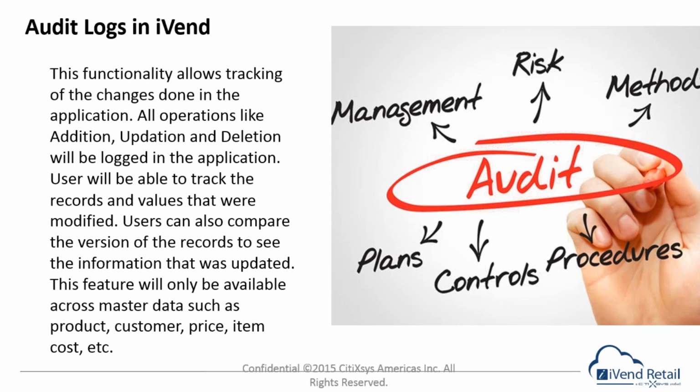Audit logs are for all types of operations, like if you are adding, updating, or deleting something from the system, it will trigger that. It will be very useful for the retailers who are making changes on a daily basis in terms of prices, products, and customers. Whatever changes you are doing, you can have the audit for that. And also you can compare the records to see what exactly has been updated. This is one of the wonderful features, I must say, for the retailers.